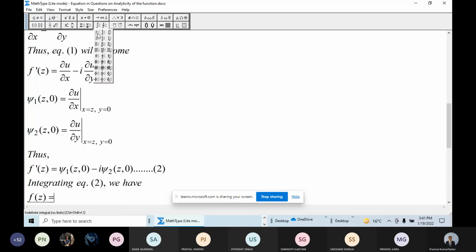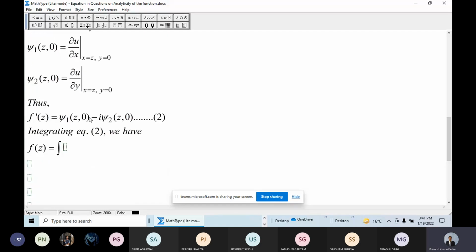Integration of psi1 z0 dz minus i times psi2 z0 dz. So this is one way to find the analytic function without doing the R process.